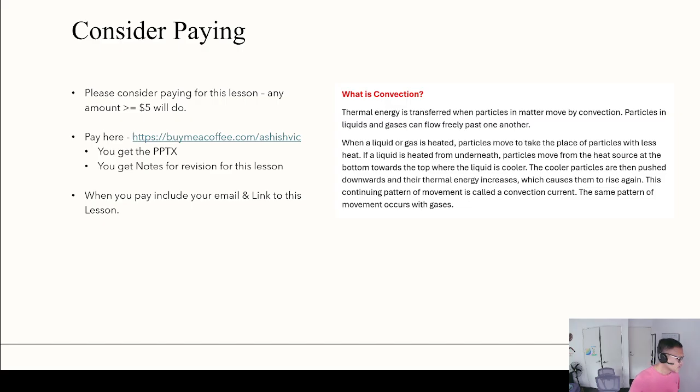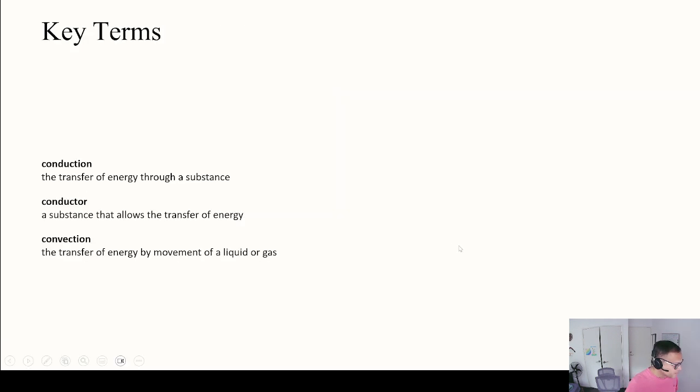Then the key terms we learned were conduction, which was transfer of energy through a substance, being solid. A conductor is a substance that allows this, so that particular substance is called a conductor. And then we learned about insulators, which don't allow heat to transfer.